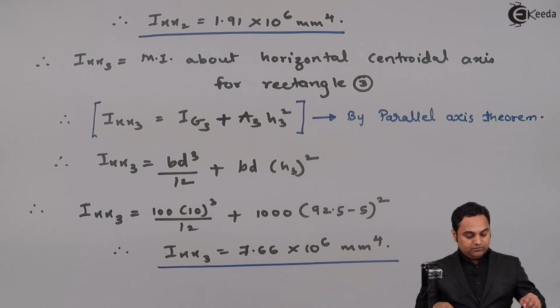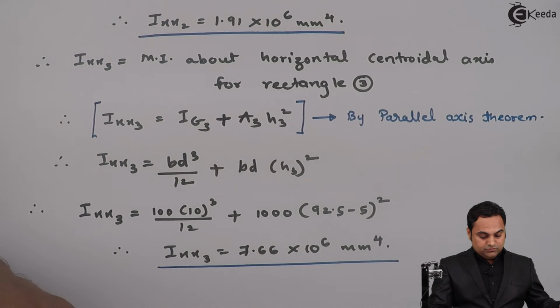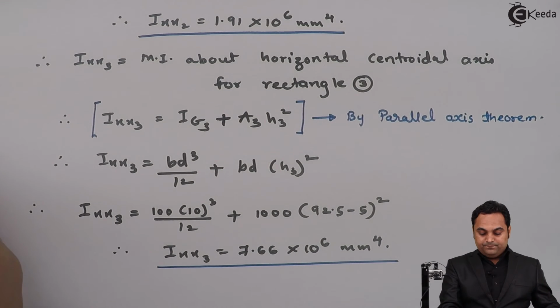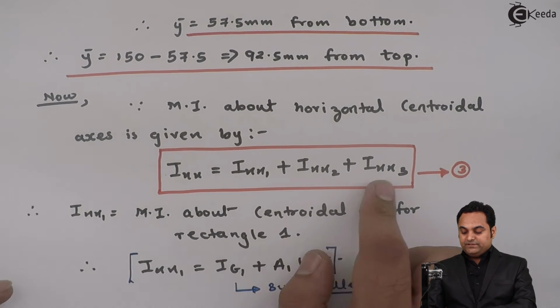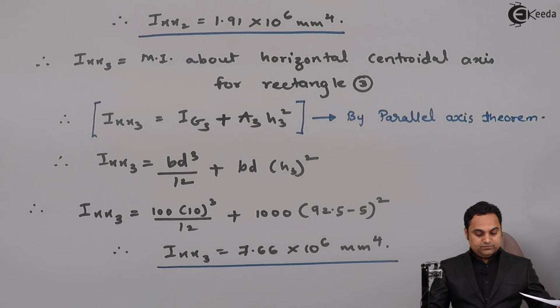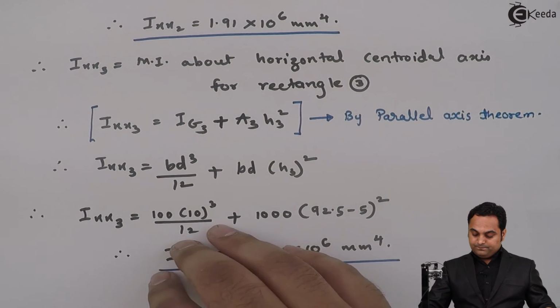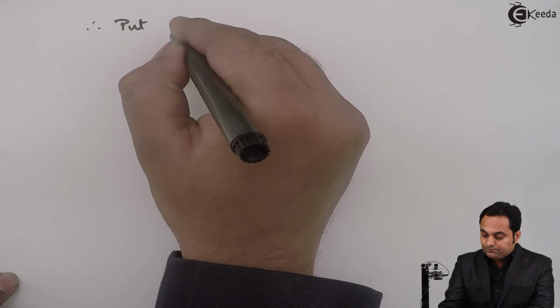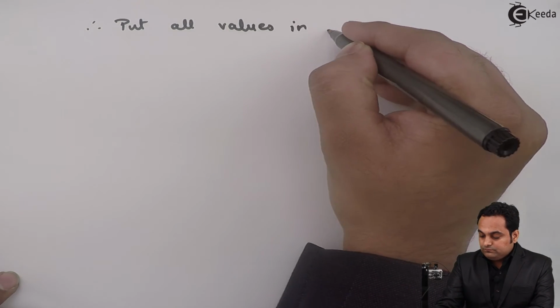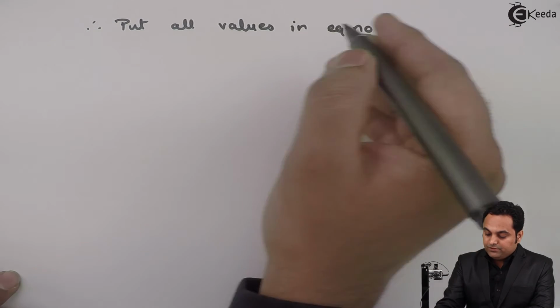So after finding all these three values, we can put them in equation number 3 to get Ix, because we know Ix1, Ix2, Ix3. So put all values in equation number 3.